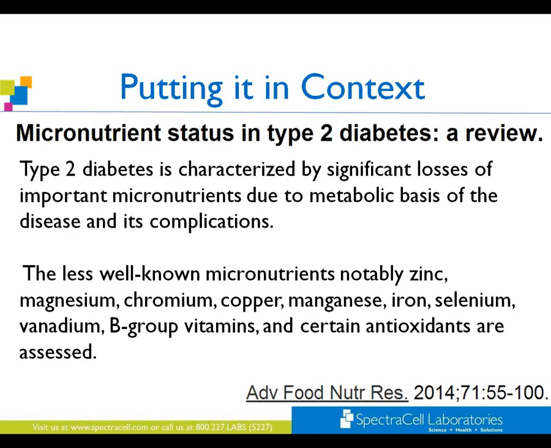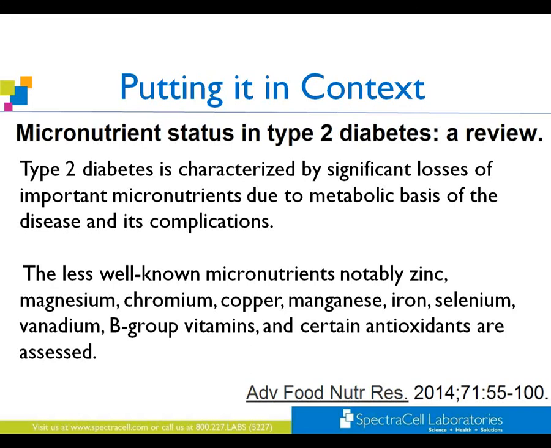Now, interestingly stated in this particular study, the less well-known micronutrients, I would imagine for most of us listening, things like zinc, magnesium, chromium, vanadium, are things that we characteristically think about when looking at a dysglycemic state and progressively into the diabetes state. But you've also got these other categories of nutrients in here: copper, manganese, selenium.